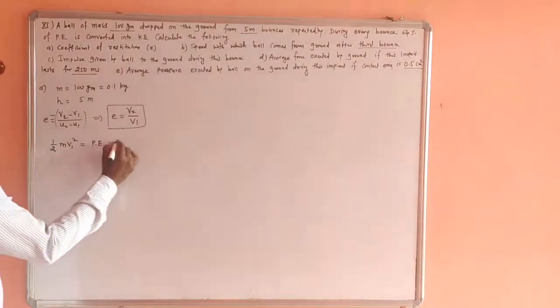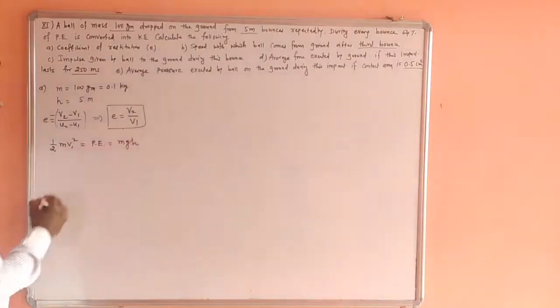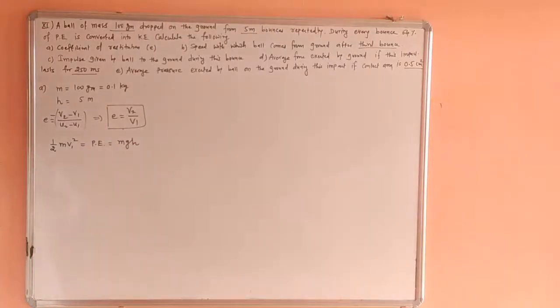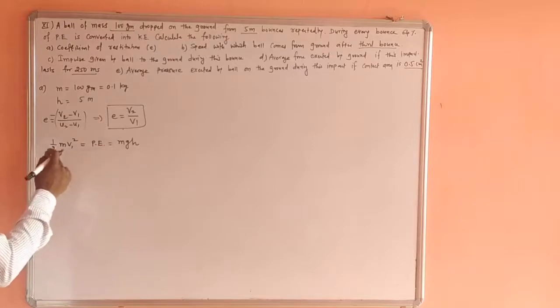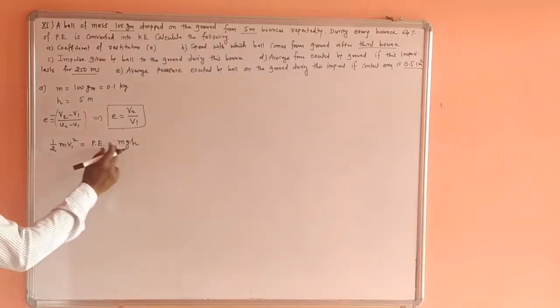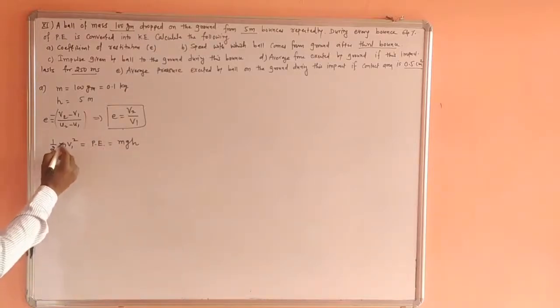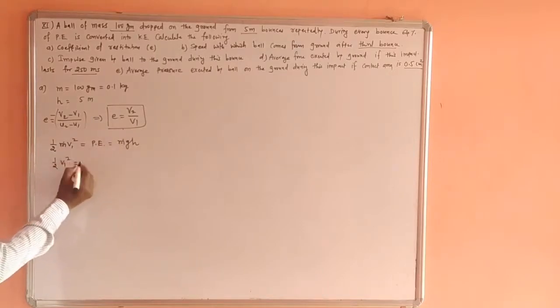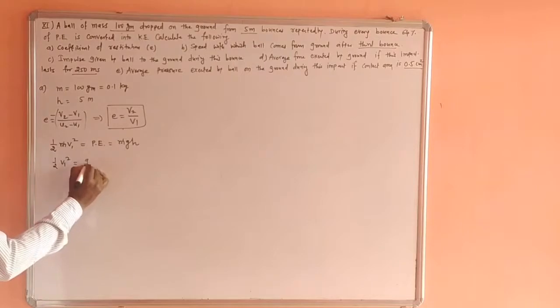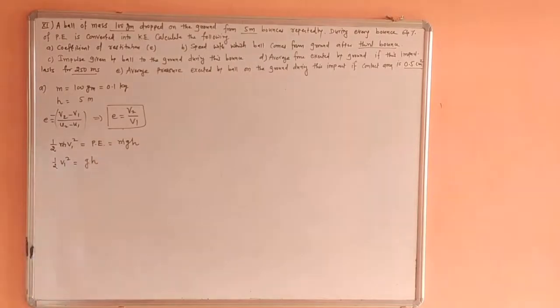So what is the formula for potential energy? mgh. Then what do we get here? m cancels, half v1 square becomes gh.